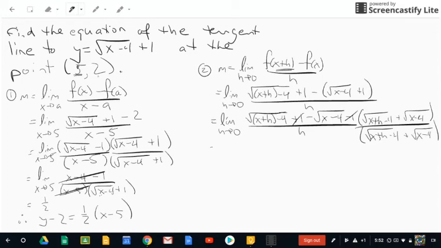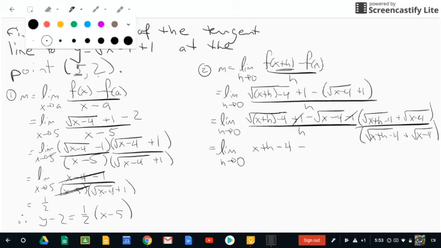So now this will end up being the limit as h approaches 0. Now, we've created this difference of squares in the numerator, so we are going to get x plus h minus 4 minus, and the reason why this is subtraction right here is because this was a negative, and this is multiplied by a positive.